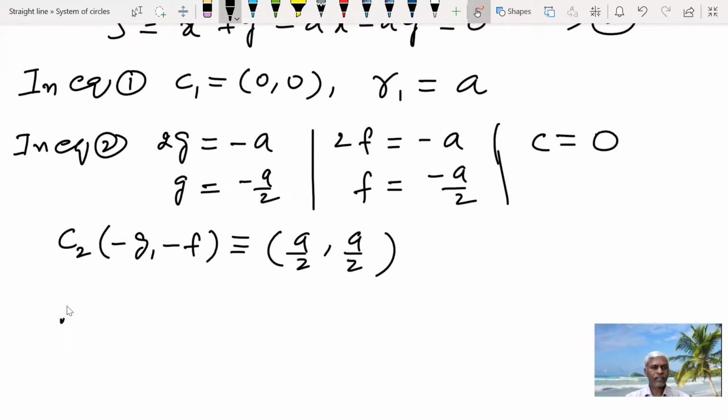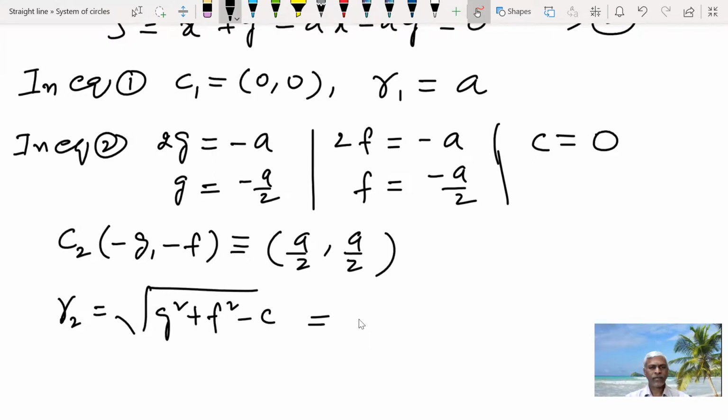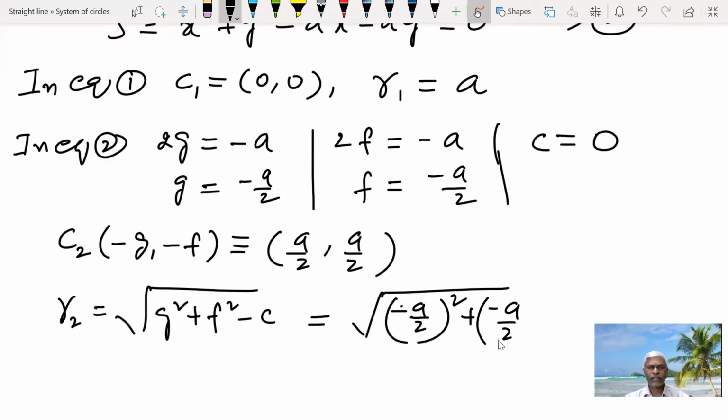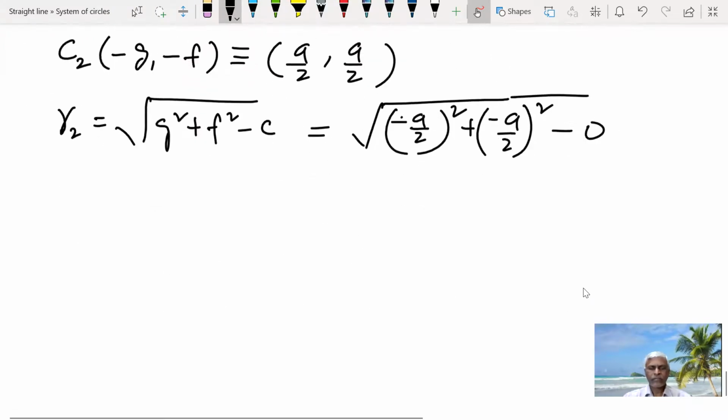Now the radius of second circle, root of g square plus f square minus c formula. g square is a by 2 square and f square also same, minus c, 0.